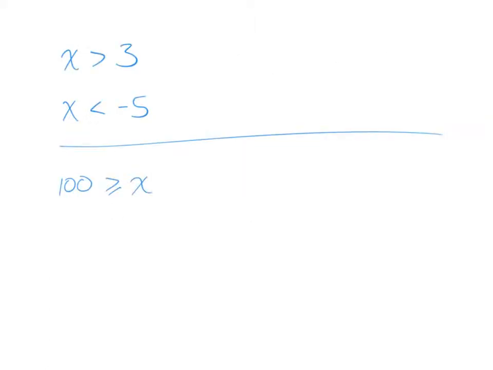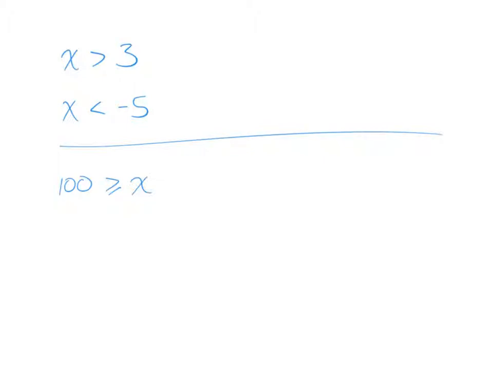So I have three simple linear inequalities here, and I want to explain why we like this and not this. The very first inequality, we say x is greater than 3. And that's very easy to fulfill.